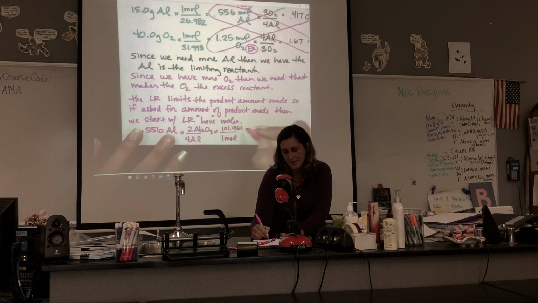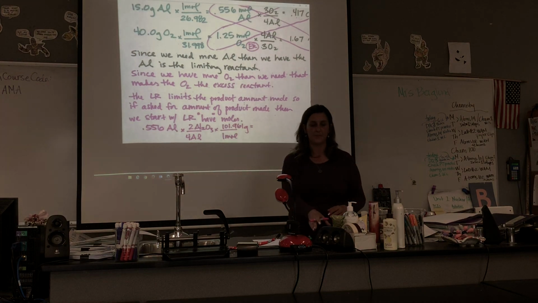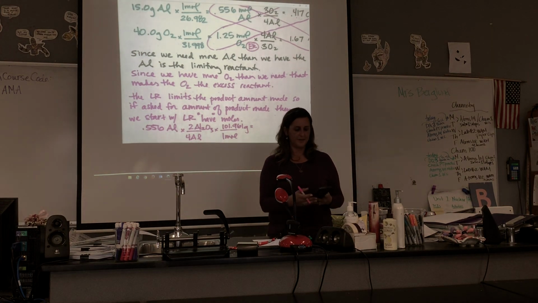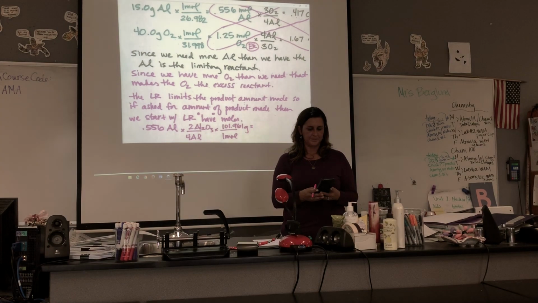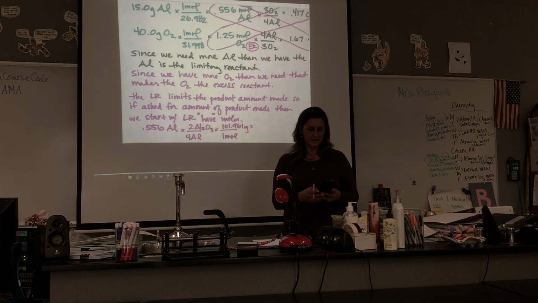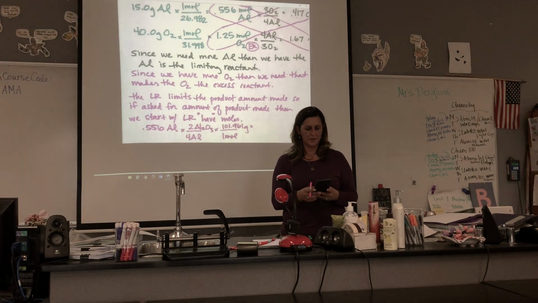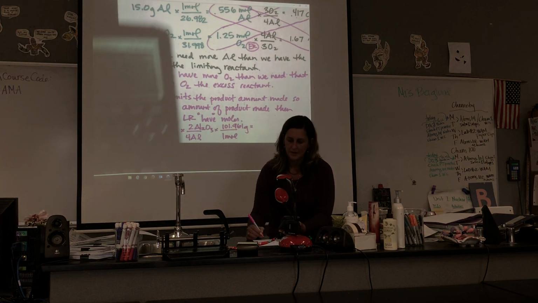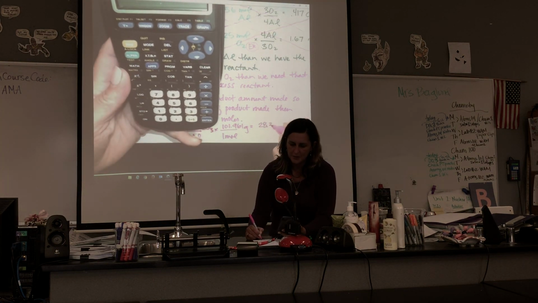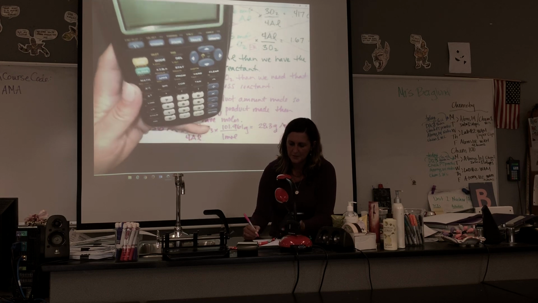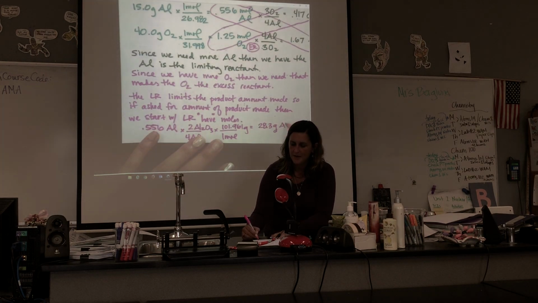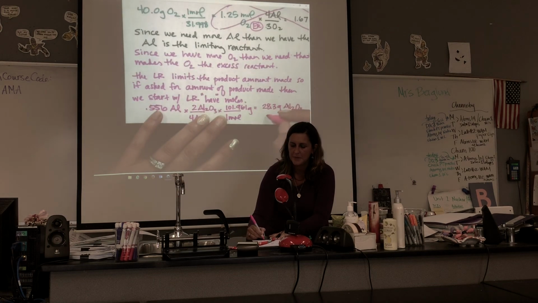And then we would finish with the molar mass of aluminum oxide. So we're going to go 0.556 times 2 divided by 4 times 101.961. And that would give us 28.3 grams of Al2O3 could be made.